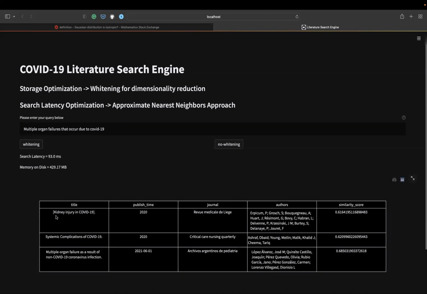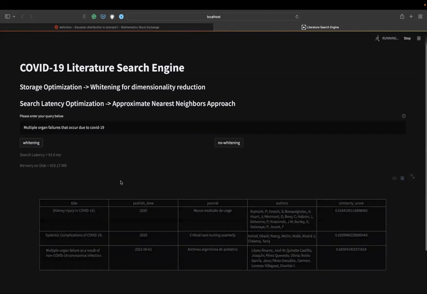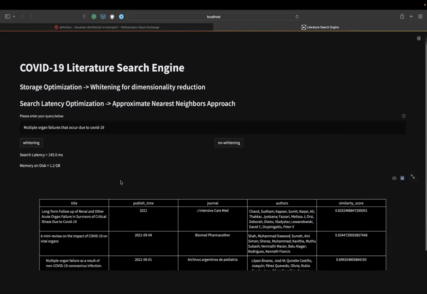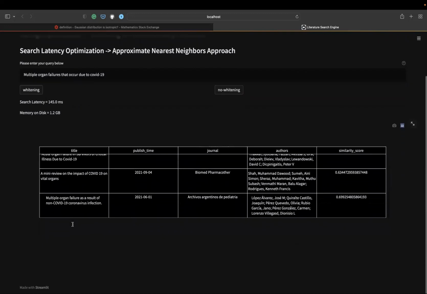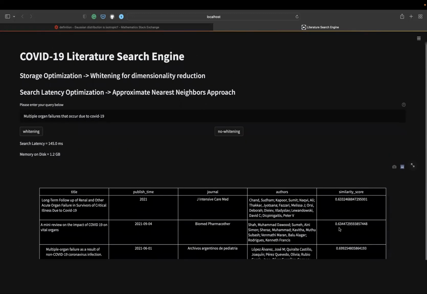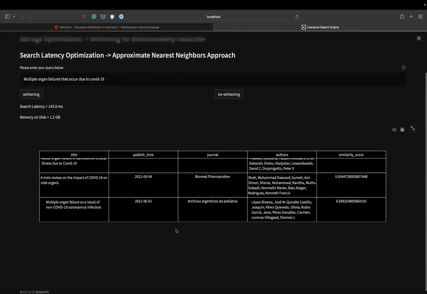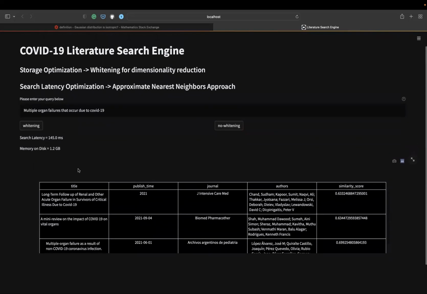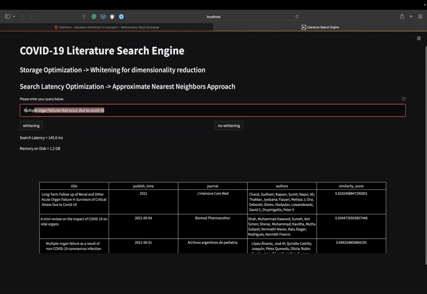One of them is a kidney injury, systemic complications of COVID-19, multiple organ failure as a result of COVID-19 coronavirus infection. So 68, 62, 61. Without whitening, 145 milliseconds. Here also 63, 69, almost similar. For a few of the queries you can see an improvement. Otherwise, it would be at par.